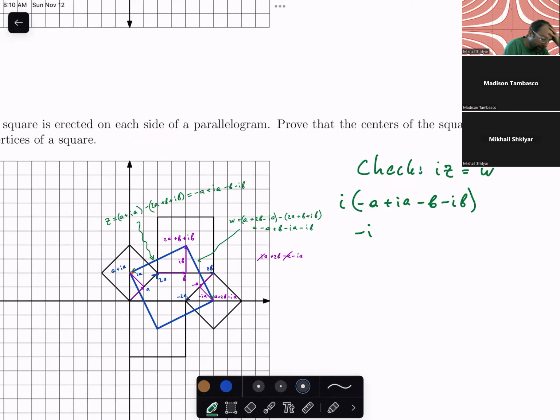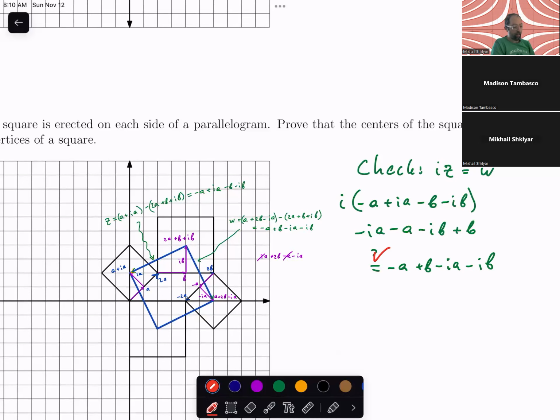So I have negative ia, i times i is i squared, minus a, minus ib, i times i is i squared, is going to get b plus b. Now, is this the same as W? So it's negative a. So is this equal to negative a plus b minus ia minus ib? Is that true? Yes, it is true.